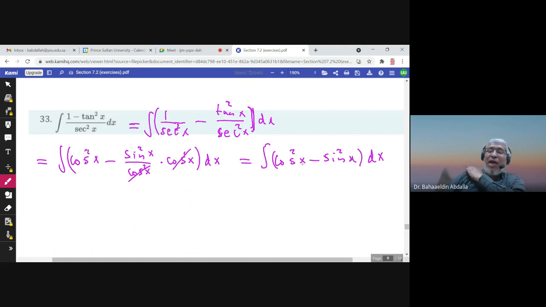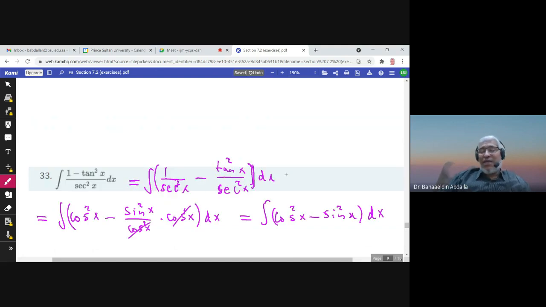Well, you can change cosine square and sine square by the formulas we mentioned, 1 plus cosine 2x over 2. But in fact, this is an identity. Cosine 2x is just cosine square x minus sine square x.